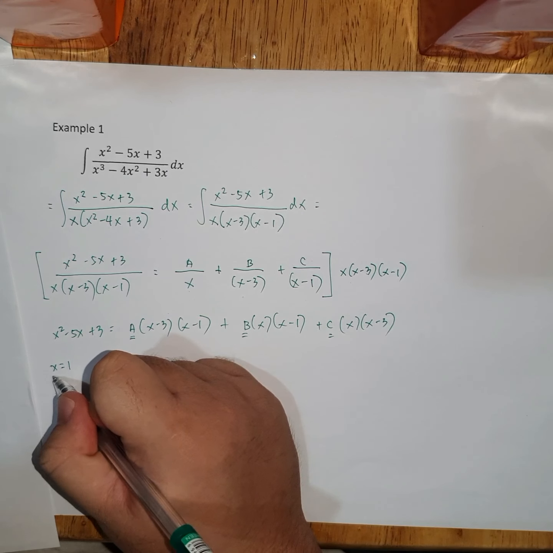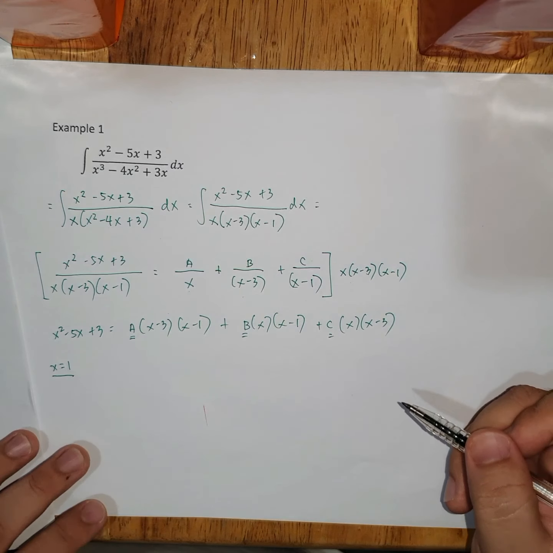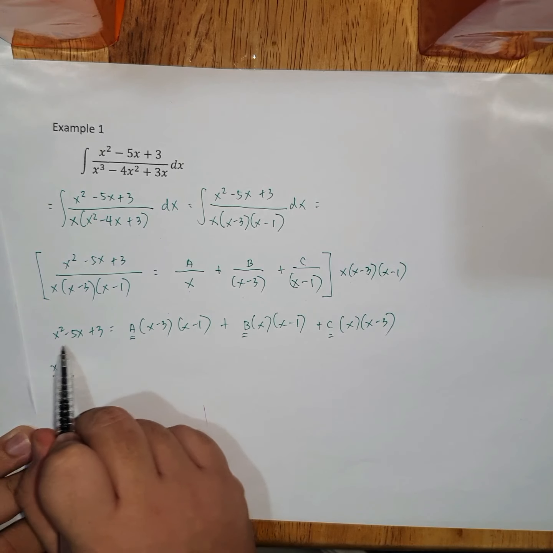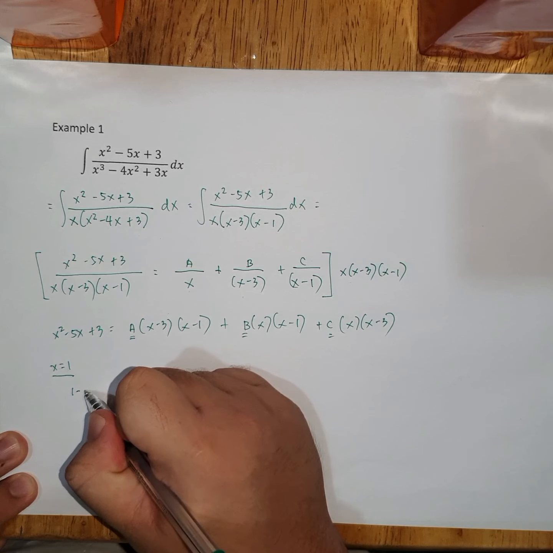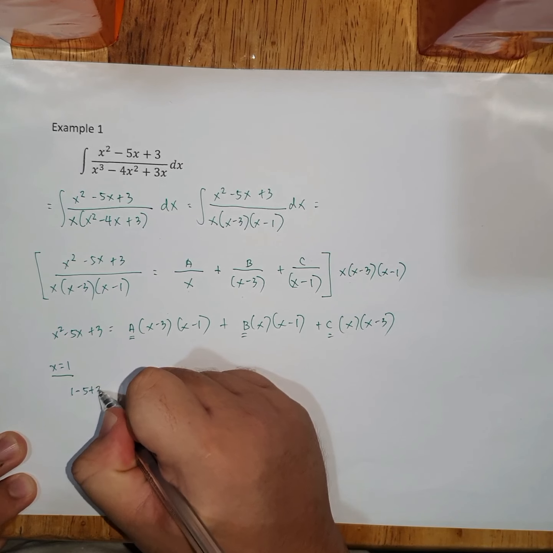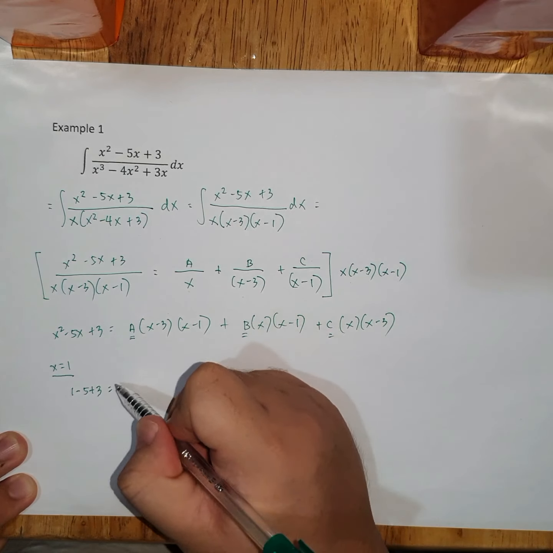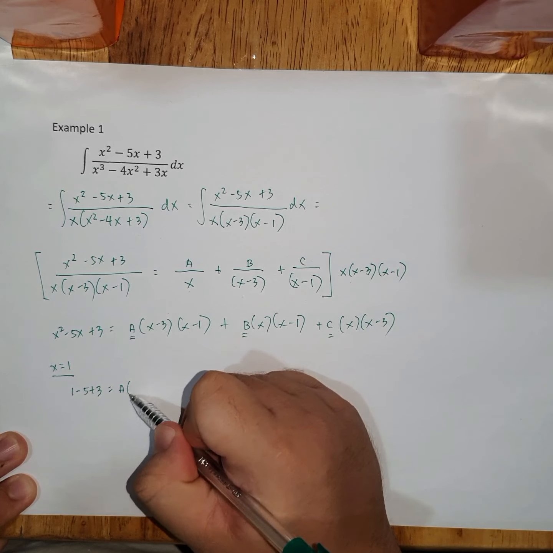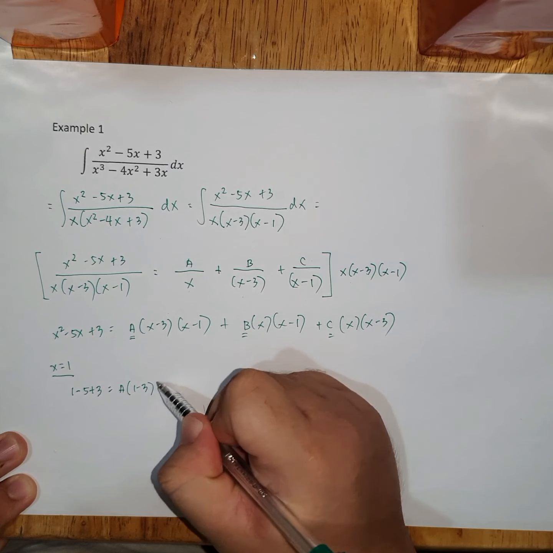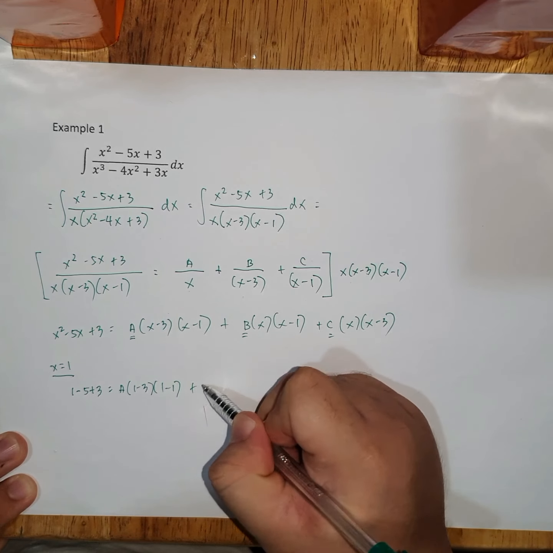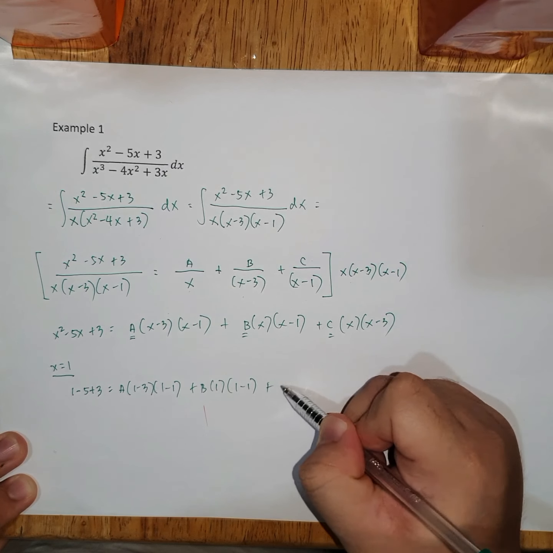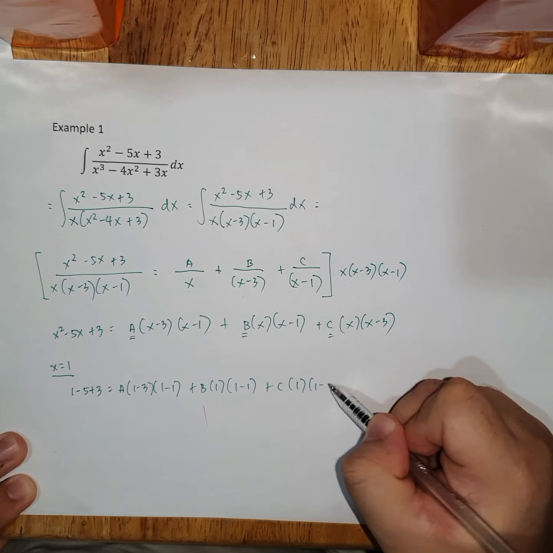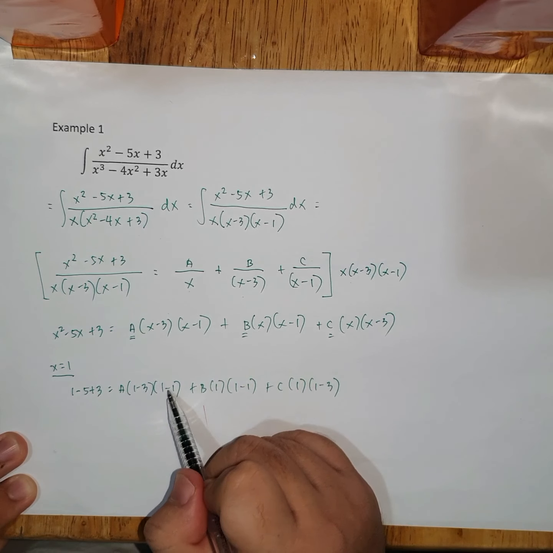Pag si x is equals to 1, so, mangyayari dun sa left side of the equation is 1 minus 5 plus 3 is equals to a times 1 minus 3 times 1 minus 1 plus b times 1 times 1 minus 1 plus c times 1 times 1 minus 3. Okay, so again this will be 0.